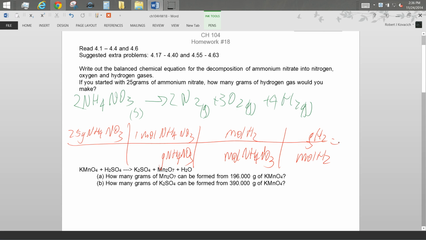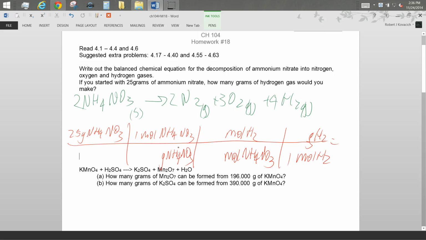So before you do any calculations whatsoever, you can write all of this stuff out. This is what every single one of these problems is going to look like. You start with the thing you start with, you go to the thing you're looking for, and you start off with the mass that you were given for the first thing. So it's always going to be 1 mole of whatever it is turning into grams.